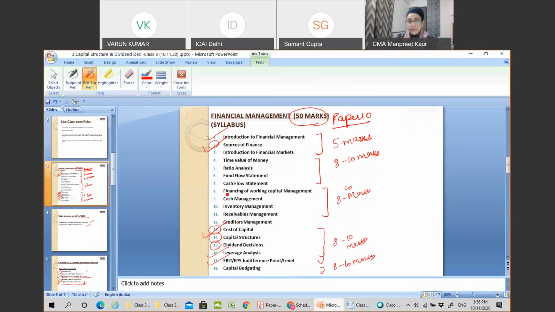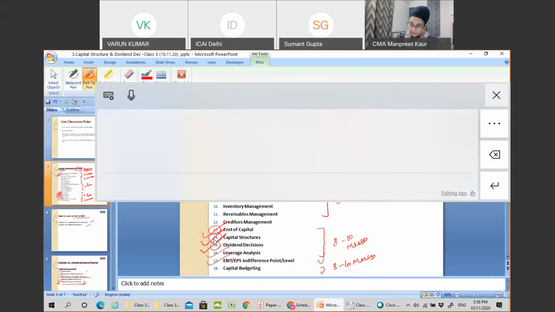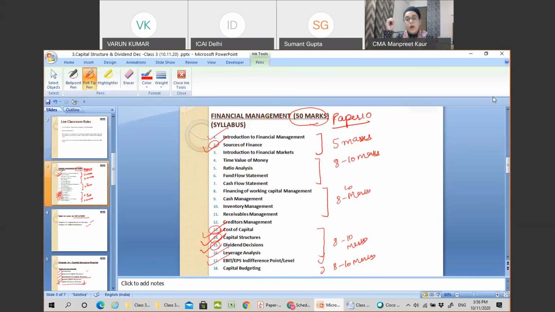As we have discussed, there are 18 chapters, and we have done capital structure and dividend decisions today. I hope that you will revise all your chapters that have been completed till now: introduction to financial management, sources of finance, cost of capital, capital structure, dividend decision.